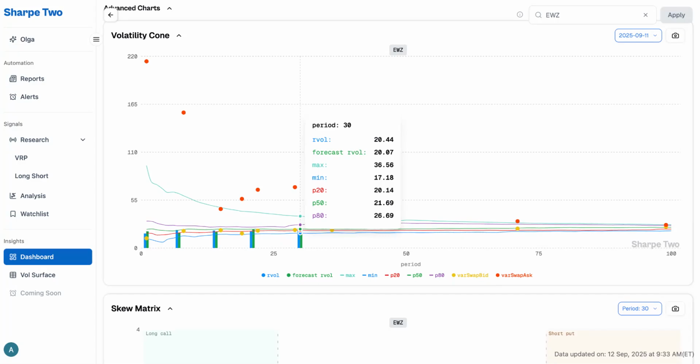The minimum has been 17.18. And then when you do the distribution of all those realized volatilities, you realize that the bottom 20th percentile is 20%, the top 80th percentile is 26.6, 26.7, and then the median is at 21.7. So that really helps you to get the context of realized volatility for that specific period you're looking at.